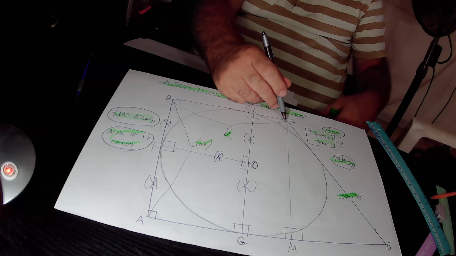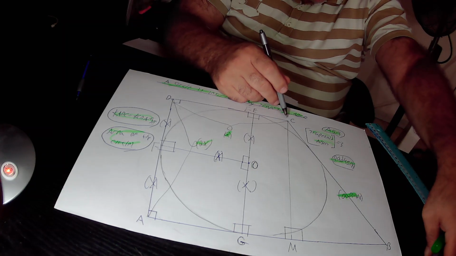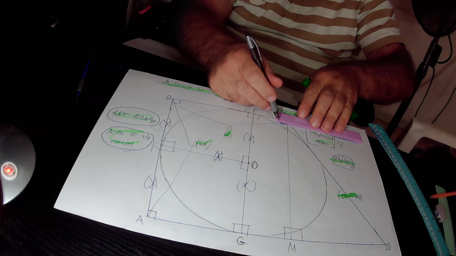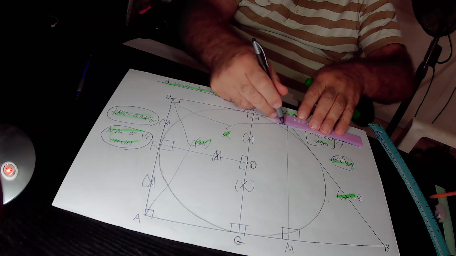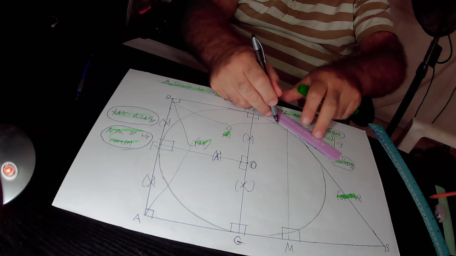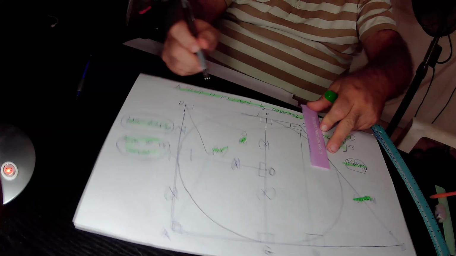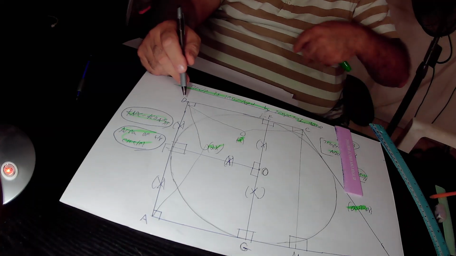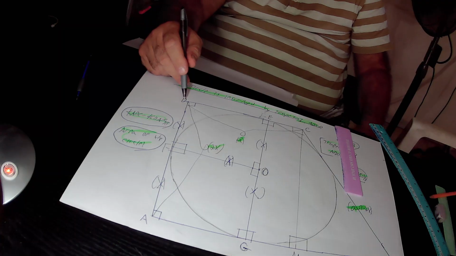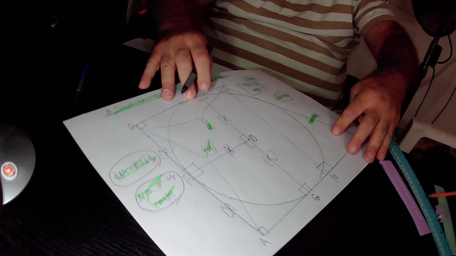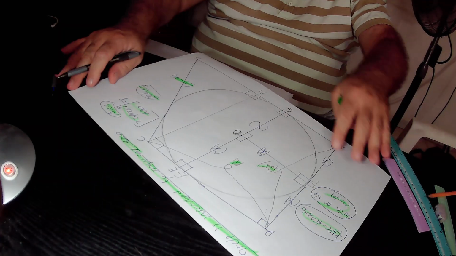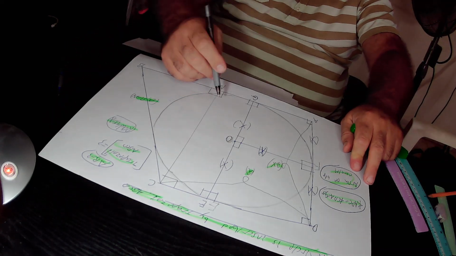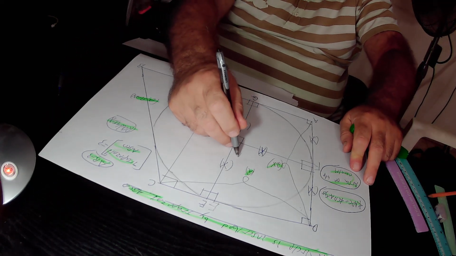Therefore this fourth missing angle must equal 90 degrees. So quadrilateral DCMA has 4 right angles, and the big quadrilateral DCMA is a rectangle.